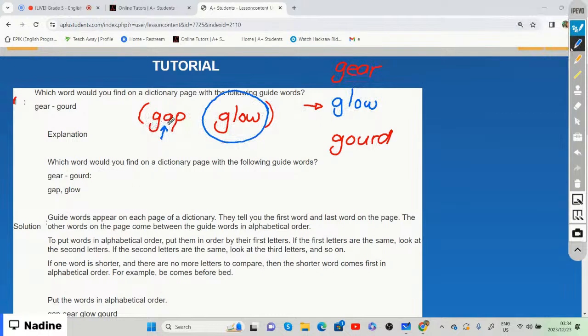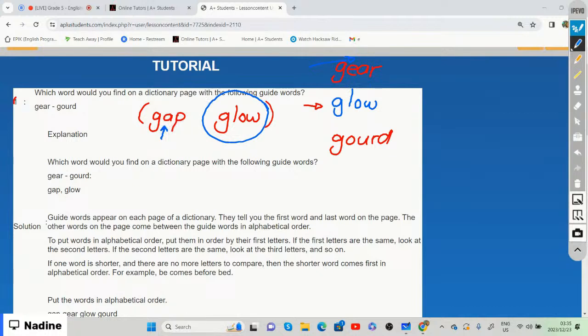Gap is supposed to be before gear, because gear is GE and gap is GA. So GA goes before GE because A is before E.